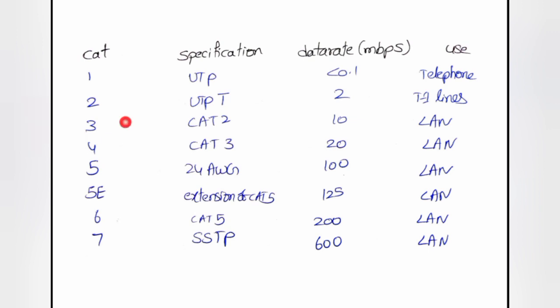Category 2 is for UTP-T, the specification is UTP-T and the data rate is 2 megabits per second. The next one is category 3, the data rate is 10 megabits per second and the use is for LAN. And so on, the categories are specified up to 7. Category 7 is SSTP 600 and is used for LAN connection.